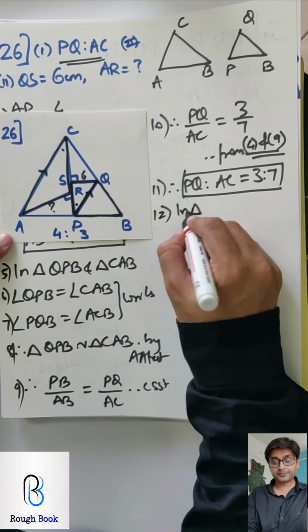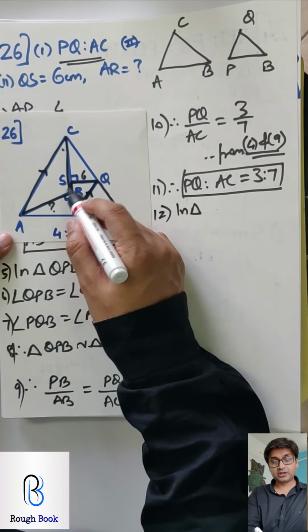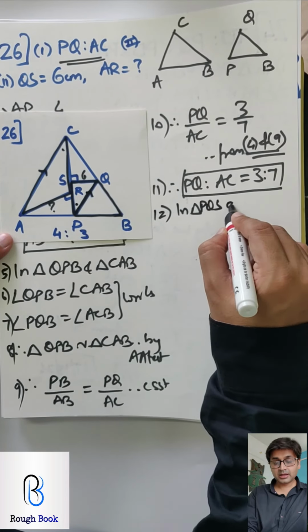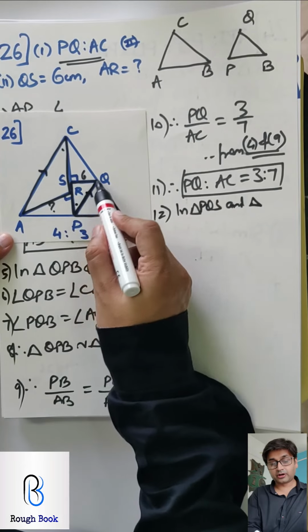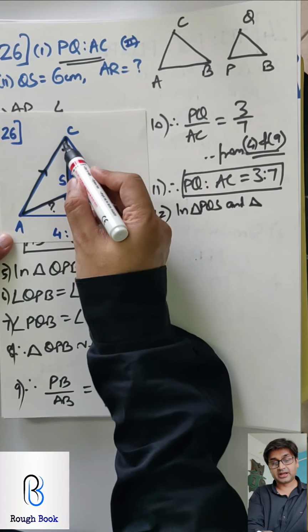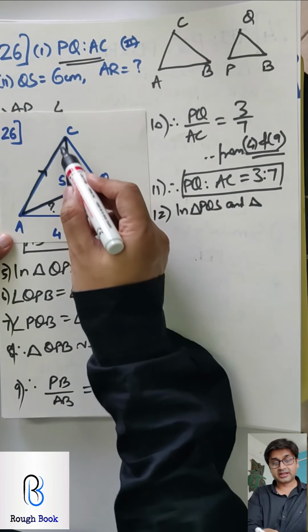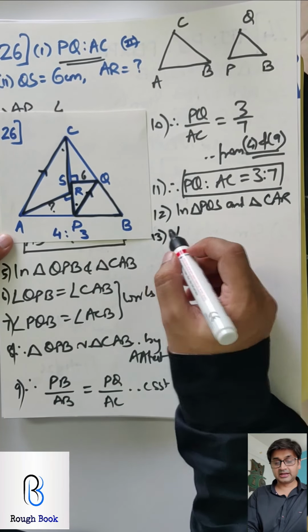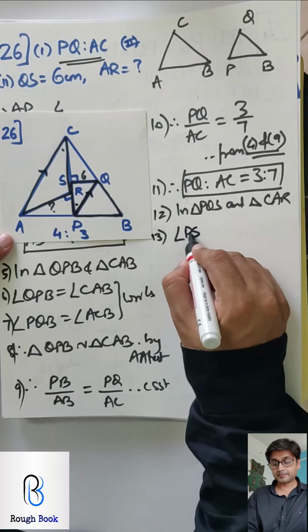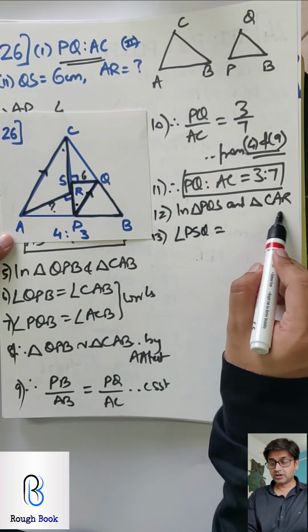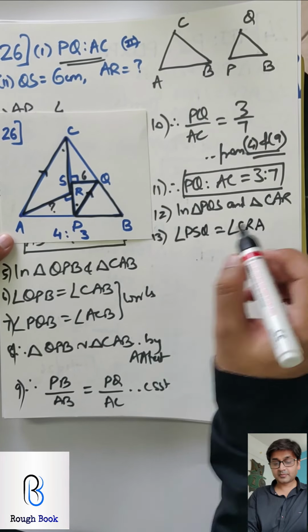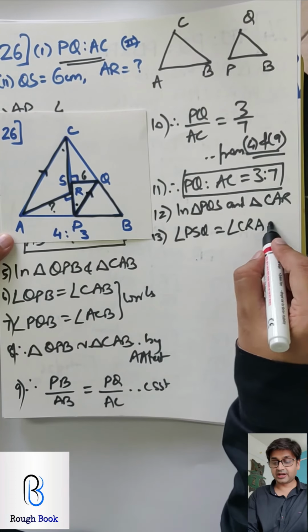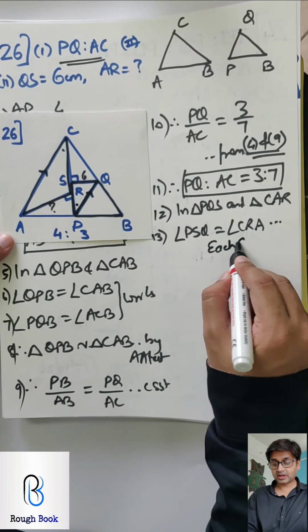So 4 steps for in triangle PQS and triangle CAR, correct one-to-one correspondence. PQS, so starting from P, that is dot, and then going to this and then 90, so CAR. I will say angle PSQ equals angle CRA, each 90, correct.